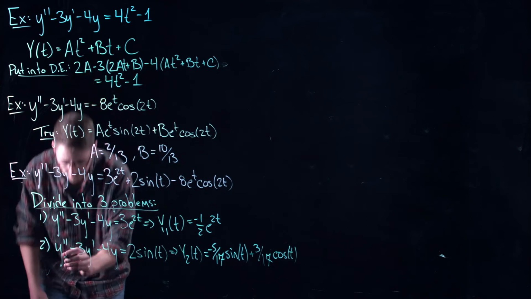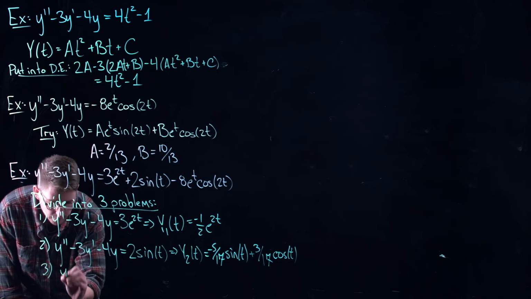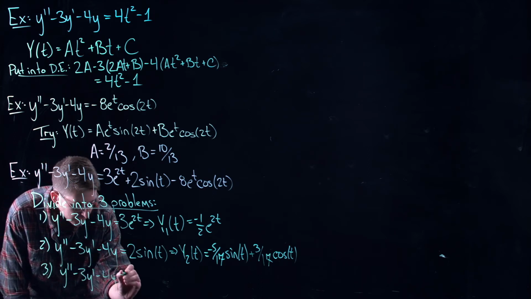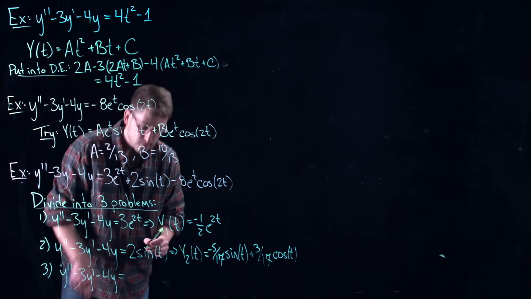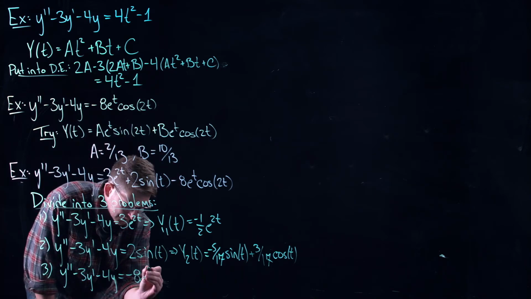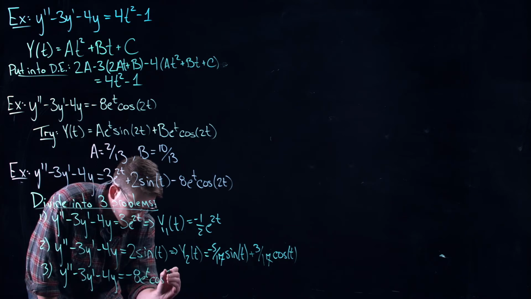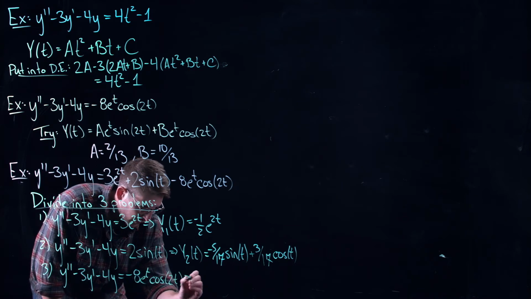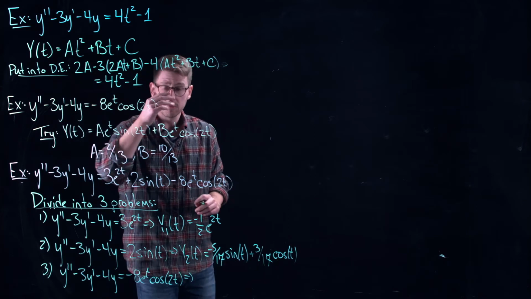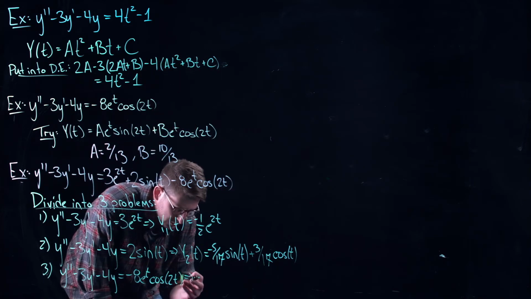And it's getting tedious, but it's not too bad. Y double prime minus 3y prime minus 4y is equal to, well, the last one, minus 8e to the t cos of 2t, which, if you completed the previous example, or you could just look at my answer right here, gives us another solution.